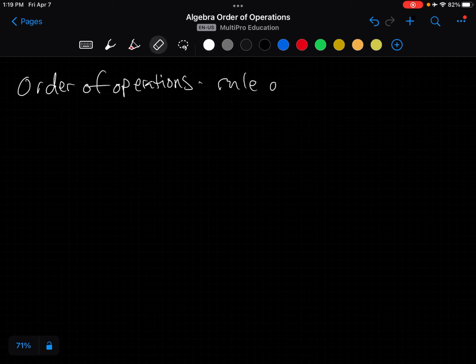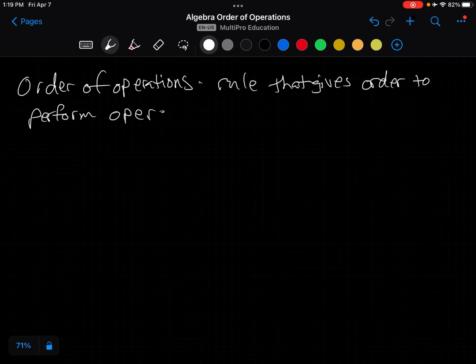Rule that gives order to perform operations.